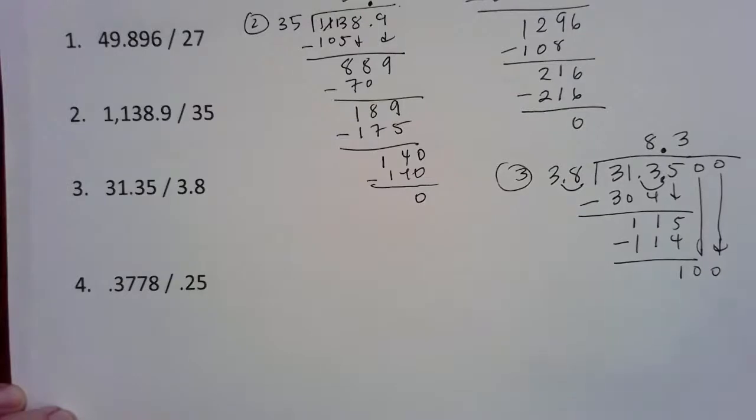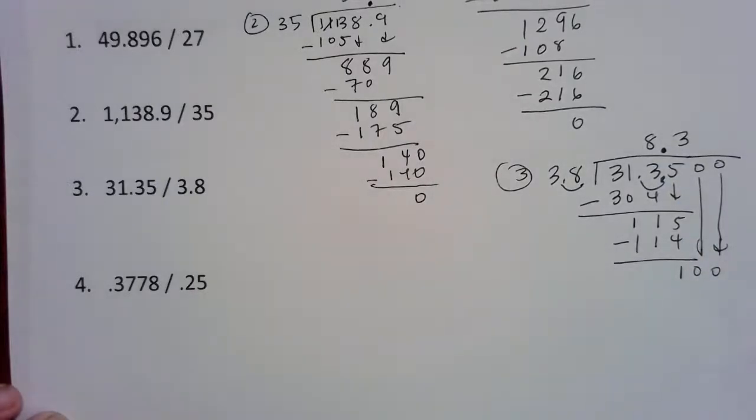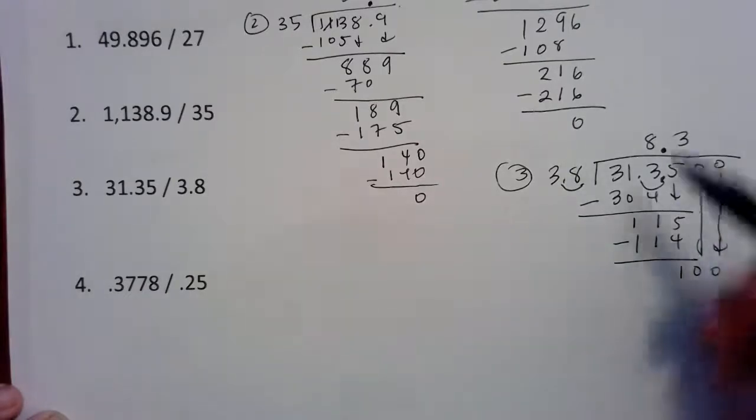So we have 31.35, and we're dividing by 3.8. So let me make sure that I did this correctly here. 8 times 38, 304. Oh, I messed up here.